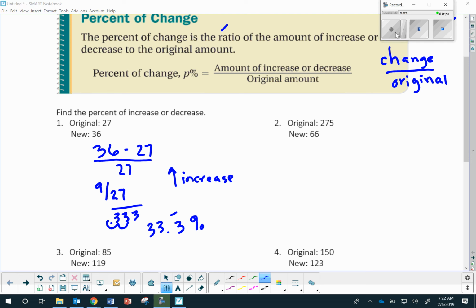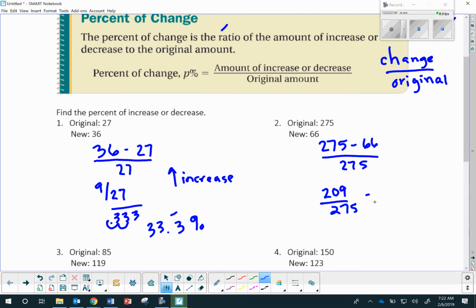Okay, so we said that was a percent increase. We're going to do the same thing for number 2. We're going to find our change and put that on top. So we have 275, which is the larger number, subtract 66. All of that over our original amount, which is 275. When you simplify that, you should get 209 over 275.